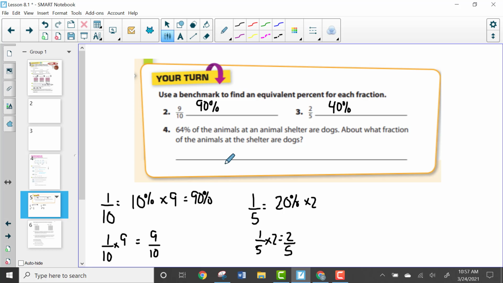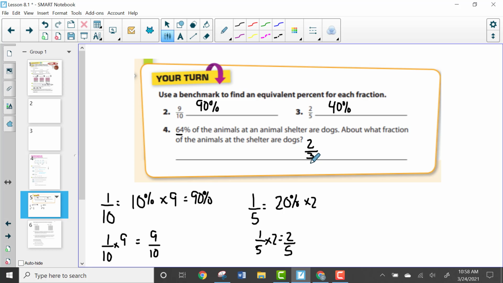We know 66 2/3% from that chart is equivalent to 2/3. So when we're thinking about about what fraction of the animals at the shelter are dogs, we would say about 2/3. We can write that in there for question 4.